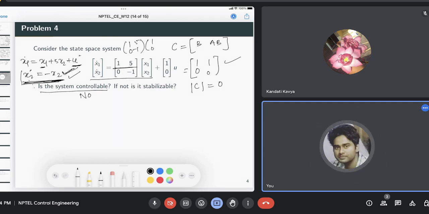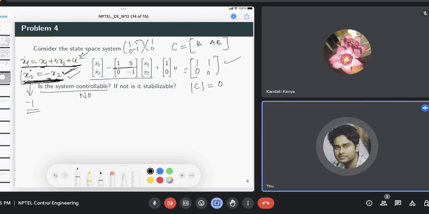You see that the x2 variable is the uncontrollable mode, and it has a negative sign, which means it is stable, because it is associated with the eigenvalue of -1. The unstable mode is the first one, associated with the eigenvalue 1, but because you can use your control to drive that to 0, you can also make x1 go to 0.